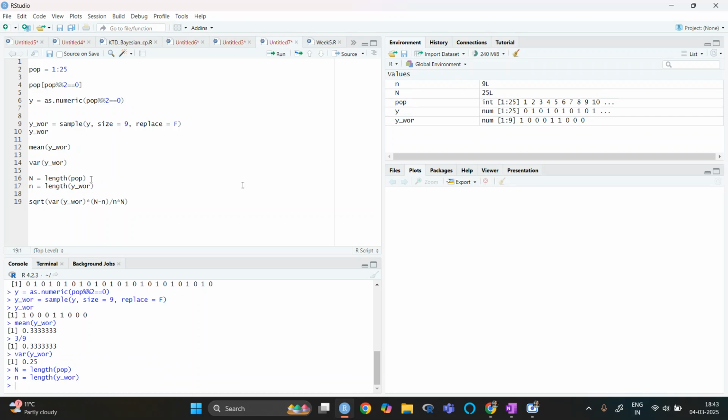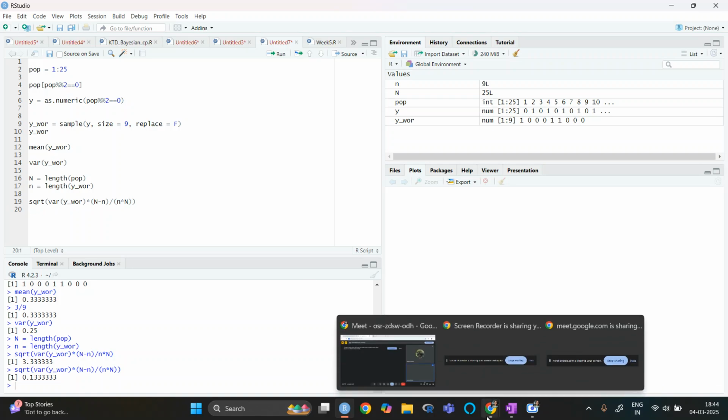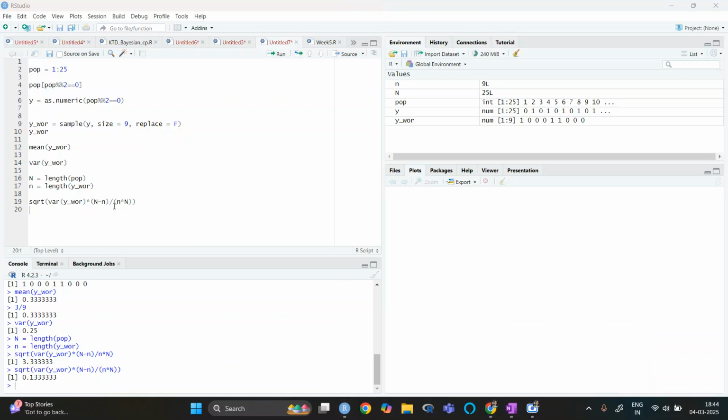Here you can see also, this one is the square root of (N minus n) upon N times n. Sorry, there was a bracket mistake.